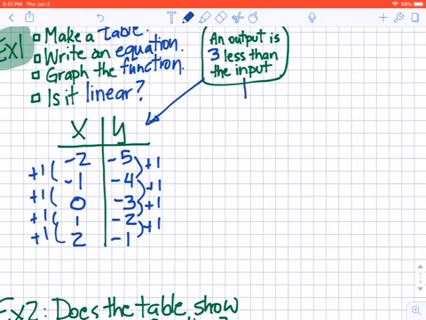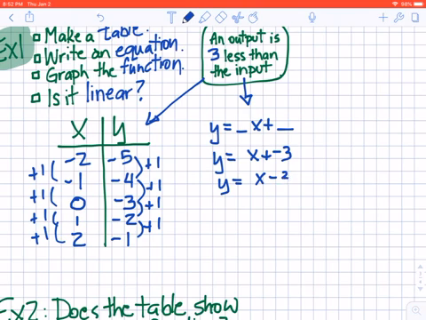Next, I'm going to write an equation. Almost all your equations will follow this format. There's one other format. We'll talk about that another day. And in this case here, we're taking the x value and we're adding -3. Some people would say minus 3, and you could go either way.